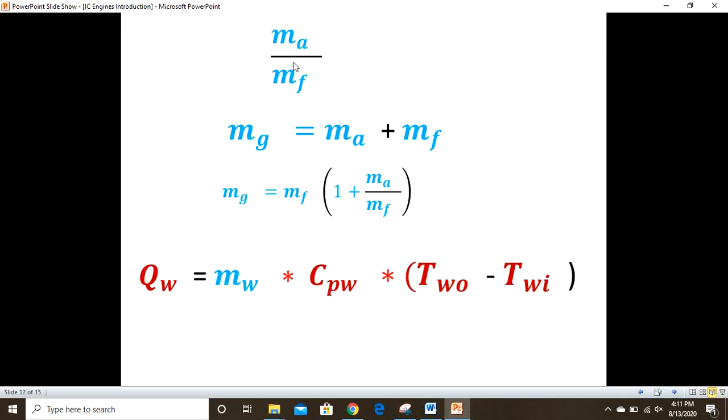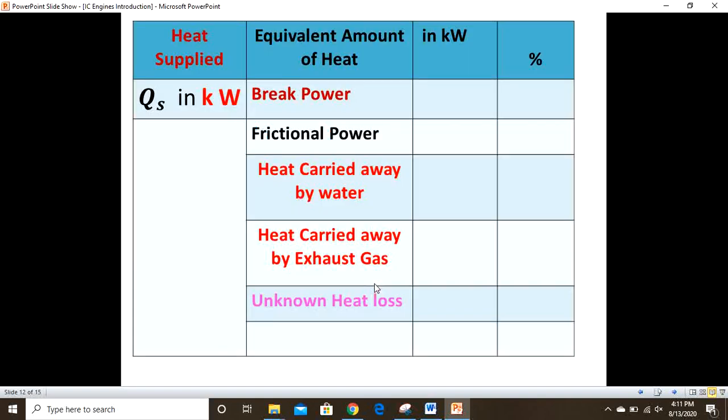Why? Because in examinations sometimes they will give the air fuel ratio and only the mass of the fuel flowing. If the air fuel ratio is given, by using this equation you can get the mass of the gas. This will be the equation. Sorry, this is supposed to be the mass of the gas, Cp gas, Tg0 minus Tgi.